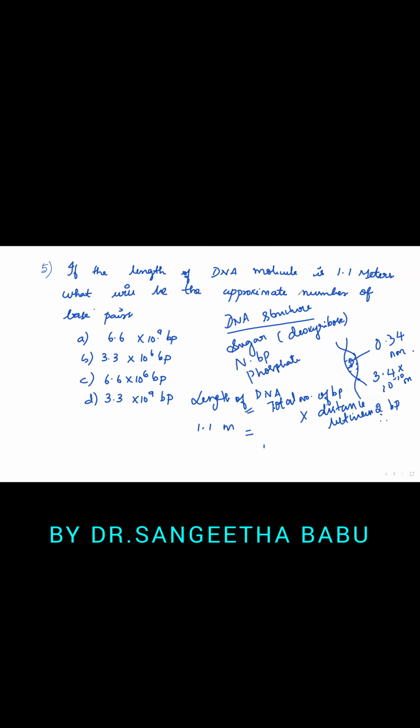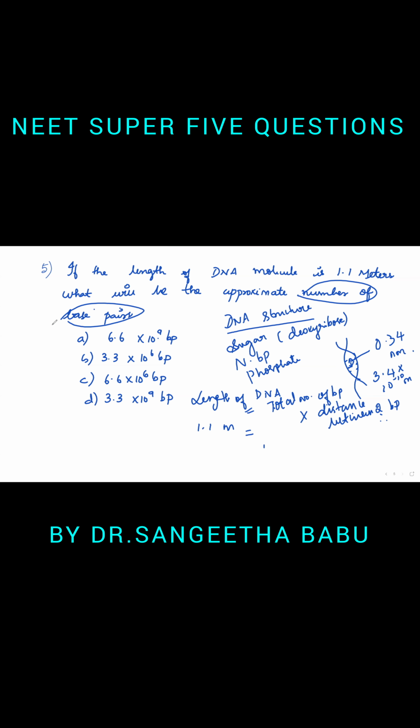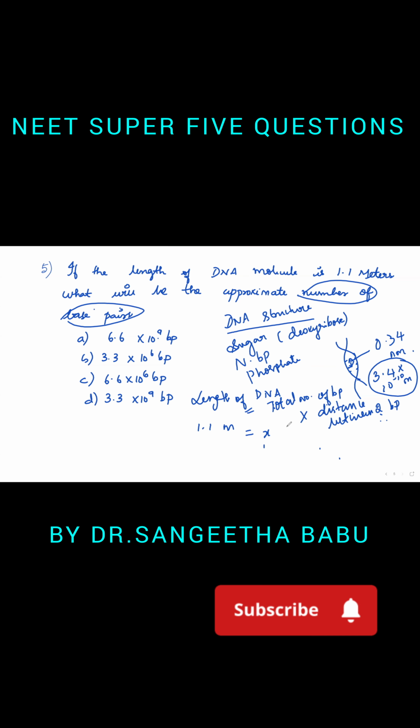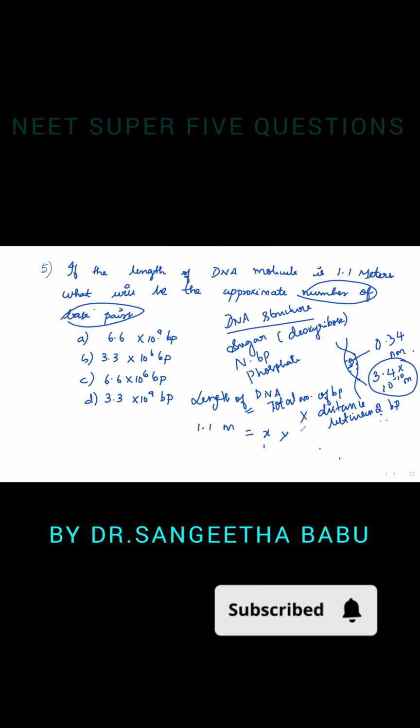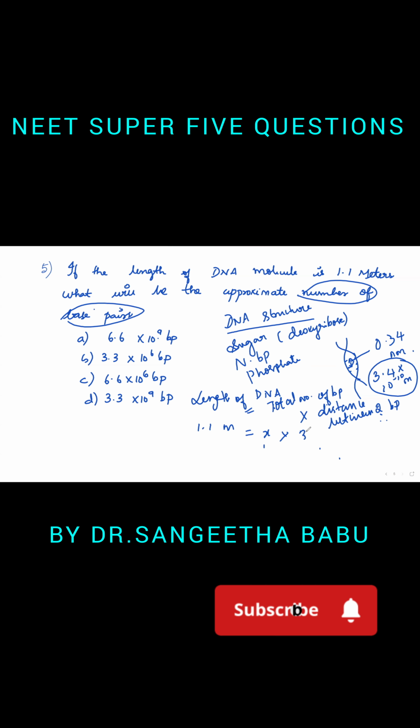What is the total number of base pairs? That is what the question asks, so we don't know it, and we make it x. And what about the distance between the two base pairs? Since the length is given in meters, we have converted the internucleotide distance also into meters. So that means x into 3.4 into 10 to the power minus 10 meter.